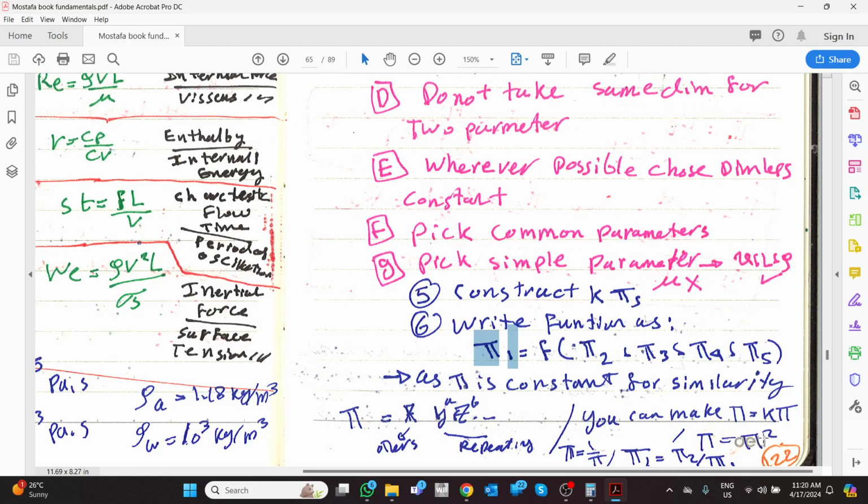If I square it, it is the same. If I divide by any pi, it is the same. So if I say pi 1 is equal to pi 2 divided by pi 3, it is also the same.